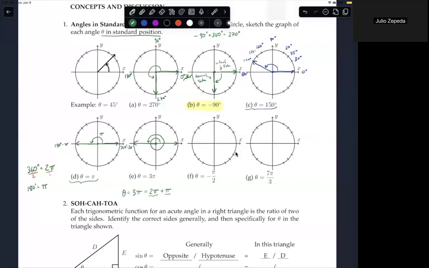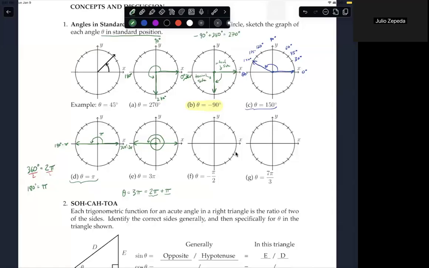They're not the same angle, but they terminate in the same place. Okay, so 3 pi radians would be if you rotated 180 degrees and then rotated 360 degrees more. It is more rotation than just pi radians.